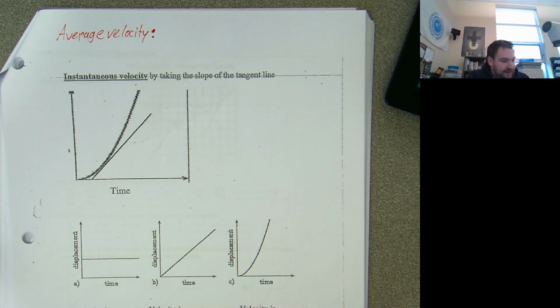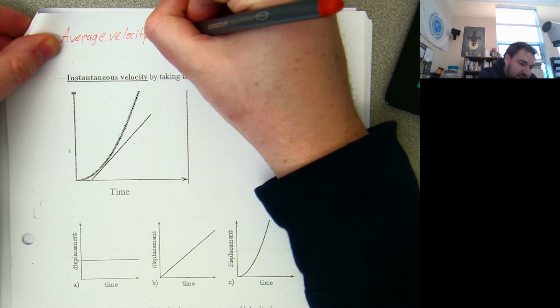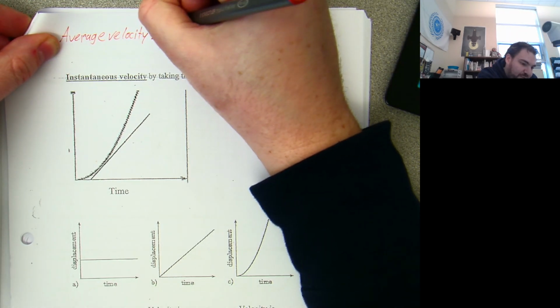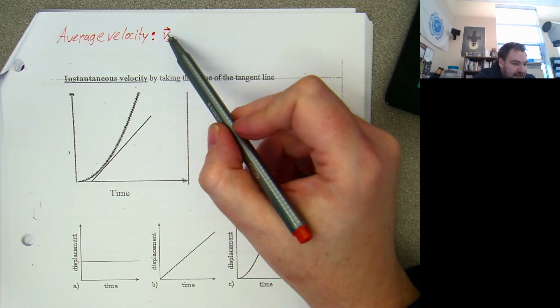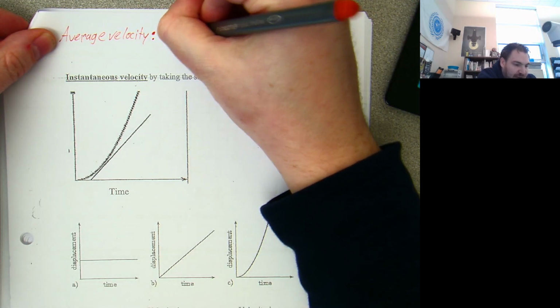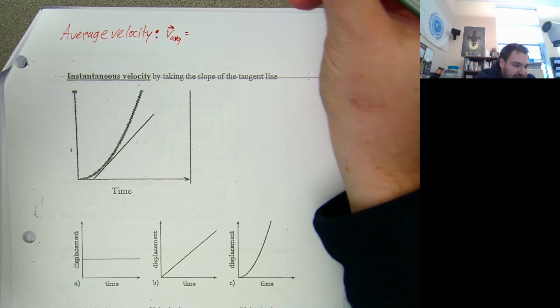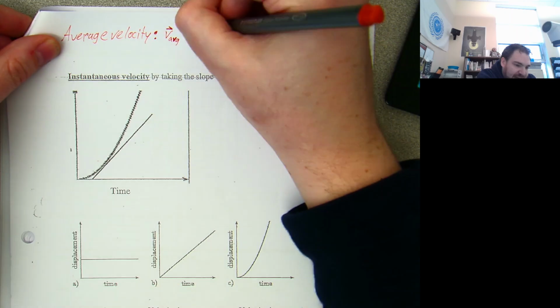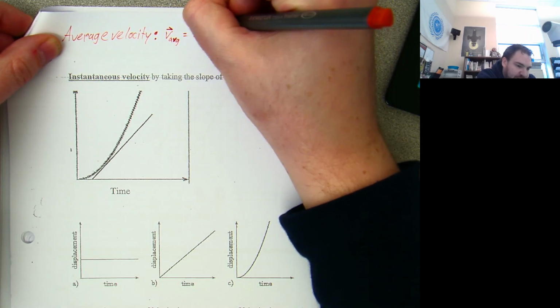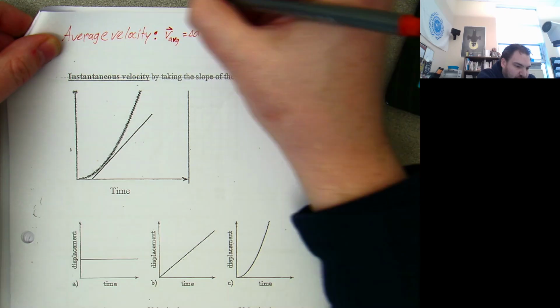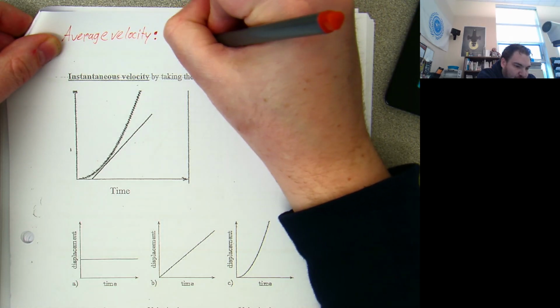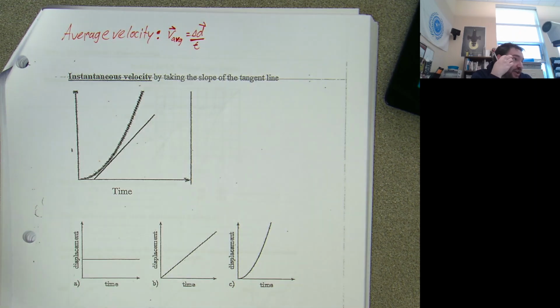We referenced it a little bit. I'm going to be overt here about what I write. V, and then this is AVG. So average velocity, we said, was found by calculating your displacement, or your change in position, over how long it took you to make that change.